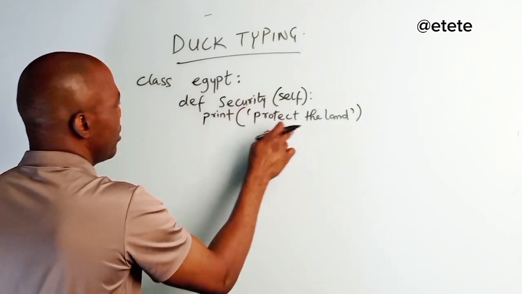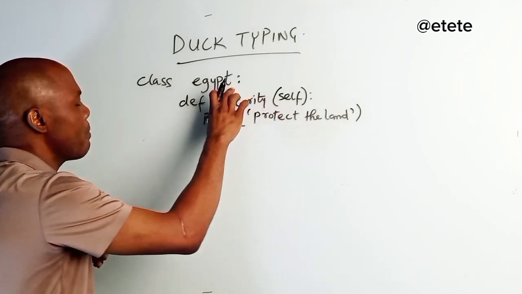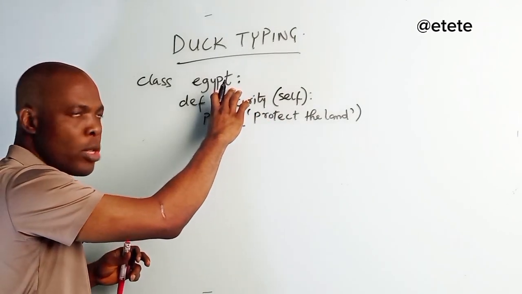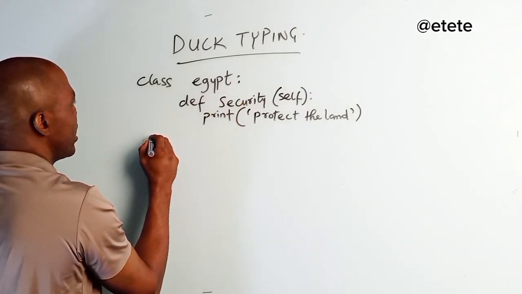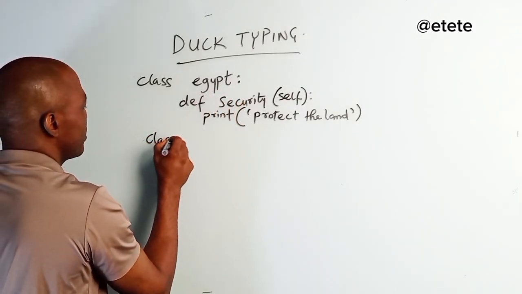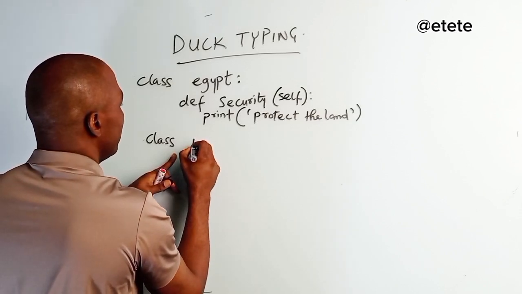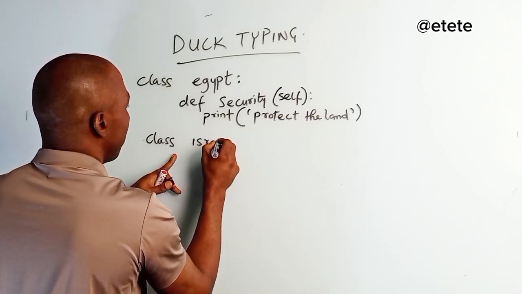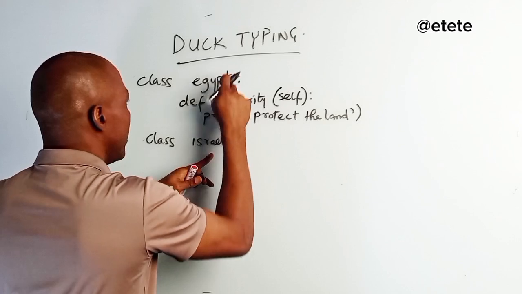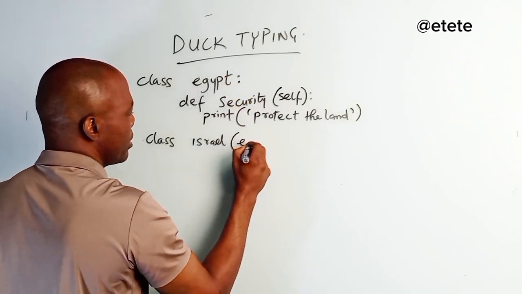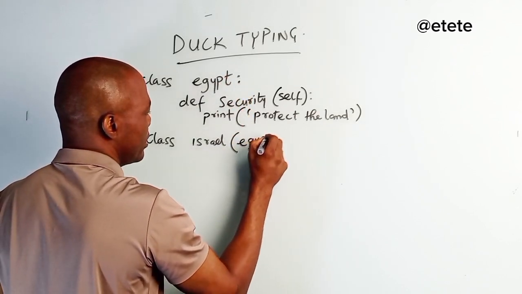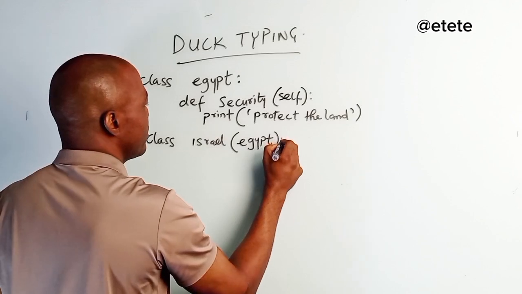So security, protect the land. Inside this class, we don't have the blood method. So we'll create another class and we'll call it Israel, right? And then the parent is Egypt. So meaning it was inside Egypt, right?